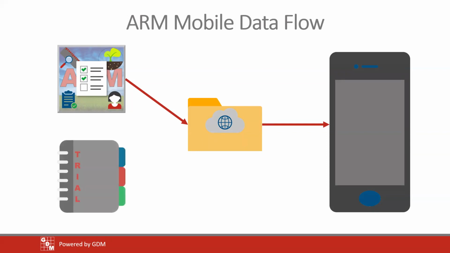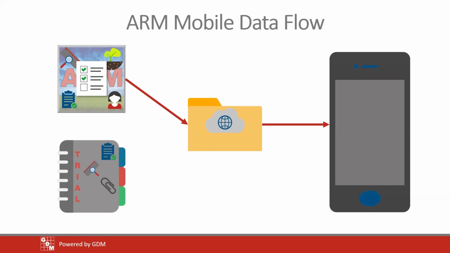The next step would be your individual trial files. And so what we end up doing with ARM Mobile is actually create a trial definition. So we're not sending the literal trial file, but the most important pieces of it into its own entity, the trial definition.